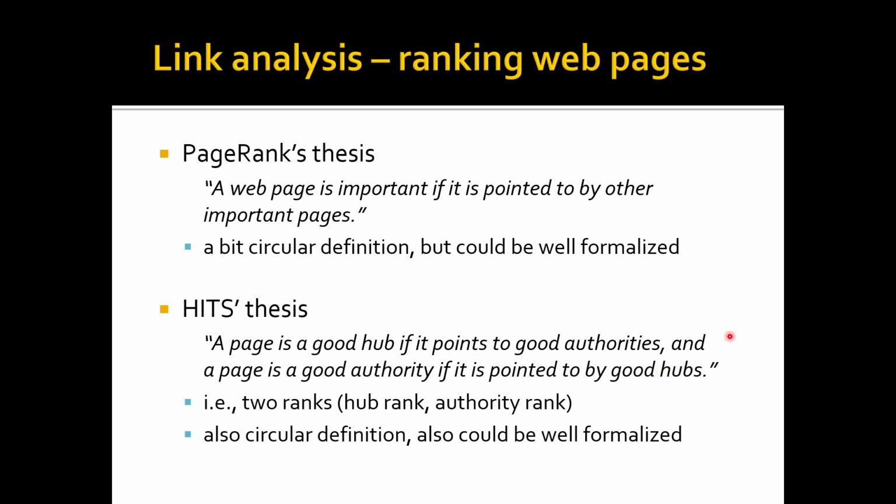So we have here some complementary definition, but still it is again a cyclic, circular definition, because something is good if it points to something that is also good. So what's good? Again, it could be formalized, but we will not discuss HITS. We will only discuss the PageRank, but it would be similar also in the case of HITS.